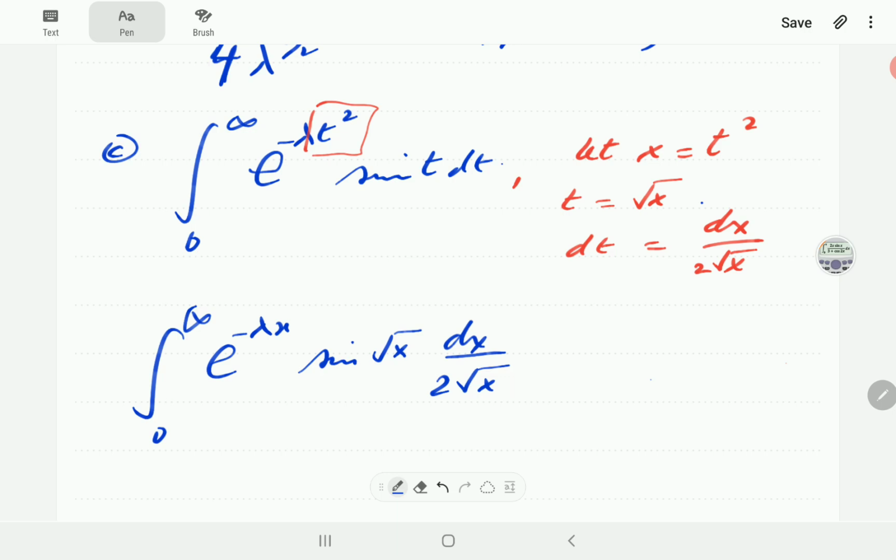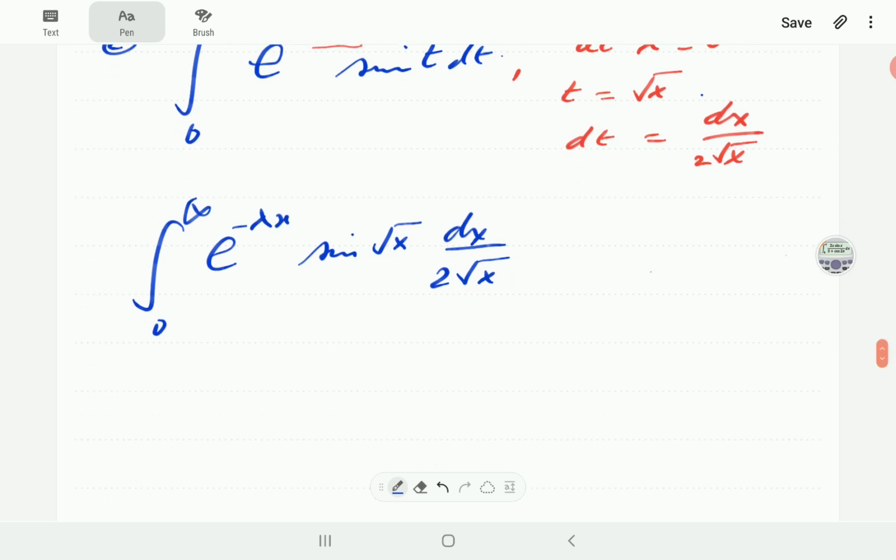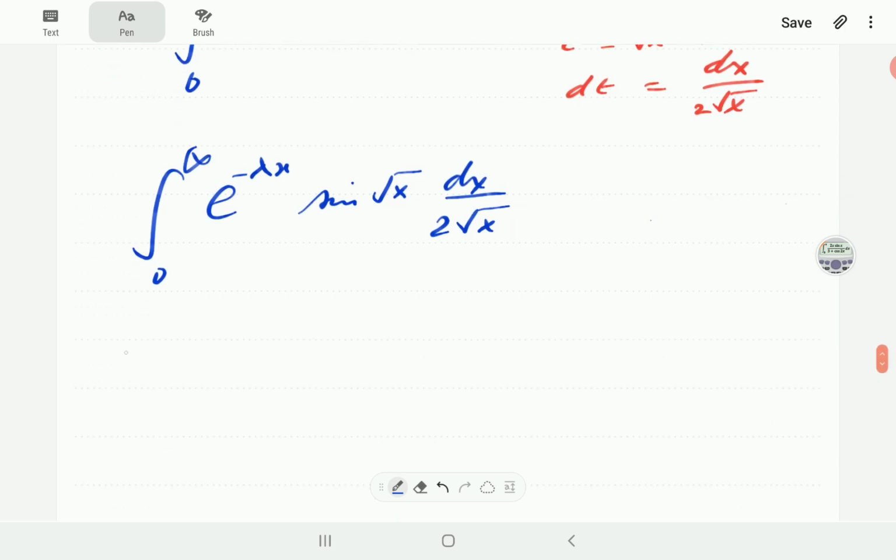This is now in the standard Watson's lemma format, where our variable is x. So we just need to do the Maclaurin expansion of sine square root x.